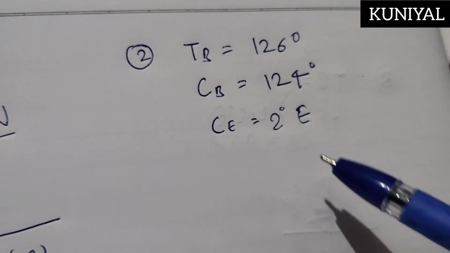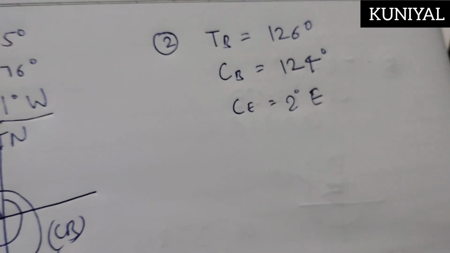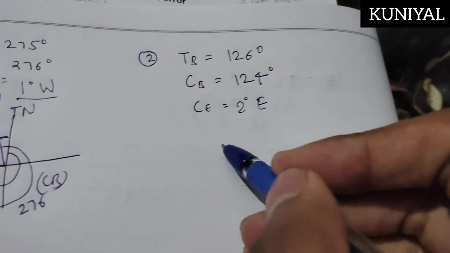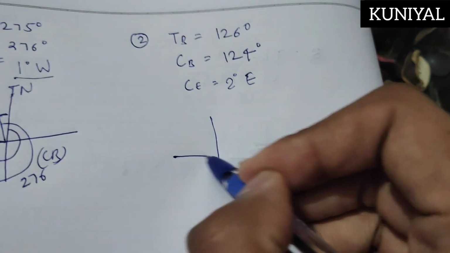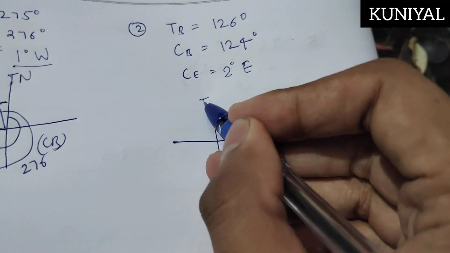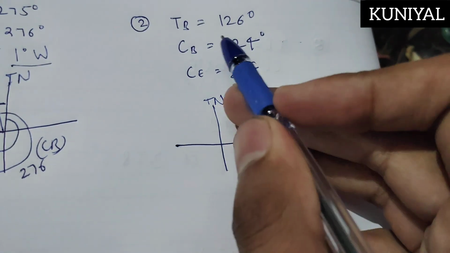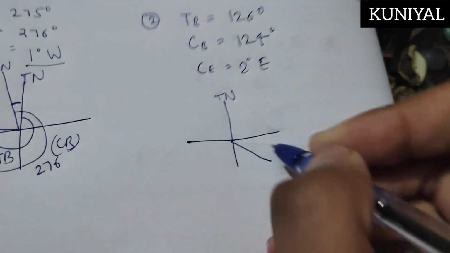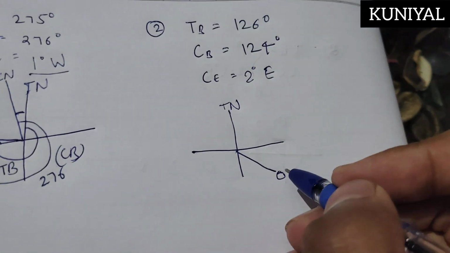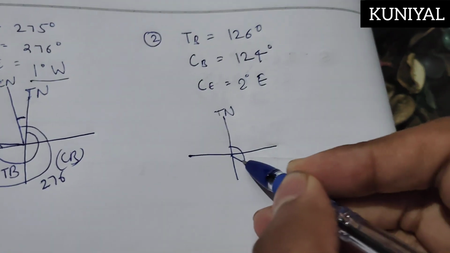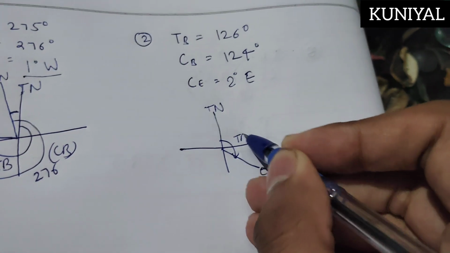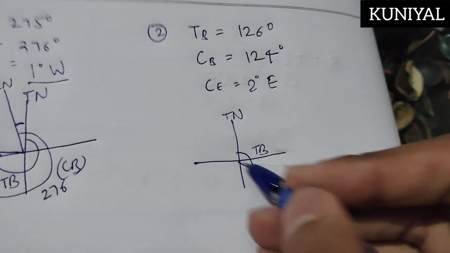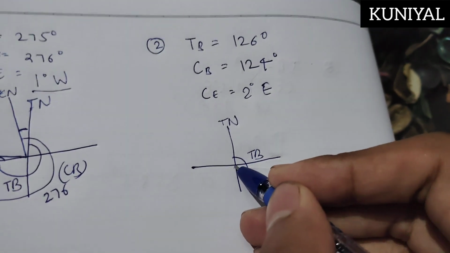The same question we will do by the diagram method for easier understanding. Here is true north. True bearing is 126 degrees, so it will be somewhere here. Just suppose it, this is the true bearing. Compass bearing is 124, so it will be somewhere like that.